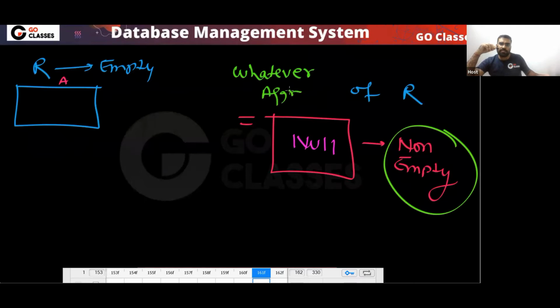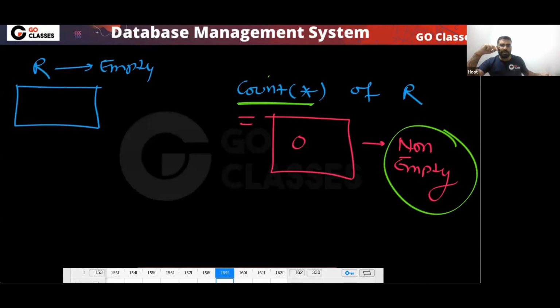Whatever aggregate function I have, either null you will get or you will get 0, but it will be non-empty. Is this clear to everyone? You can never get empty, right?